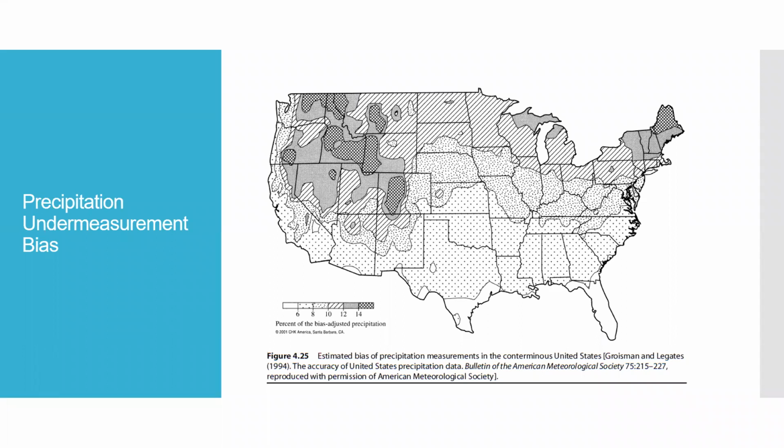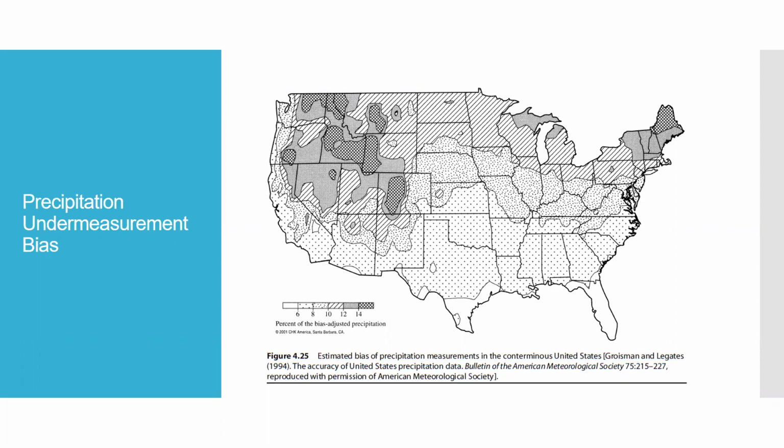So what we're seeing here is a bias in measurements based on where we have rain gauges and where actual rainfall is. If we have a rain gauge network across the country, we can estimate average rainfall by, here's a point, here's a point, let's interpolate across the country.